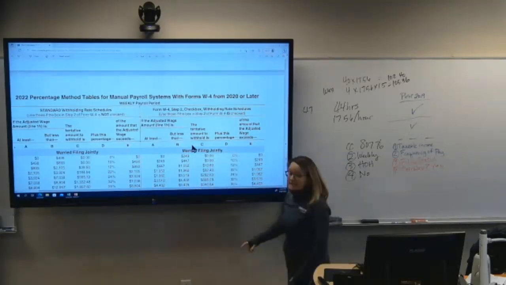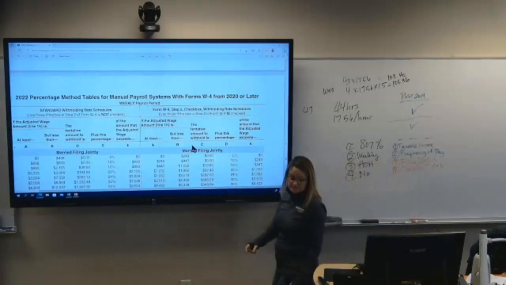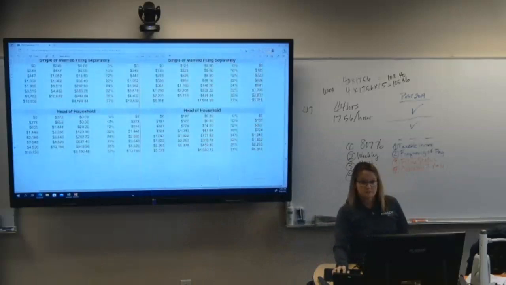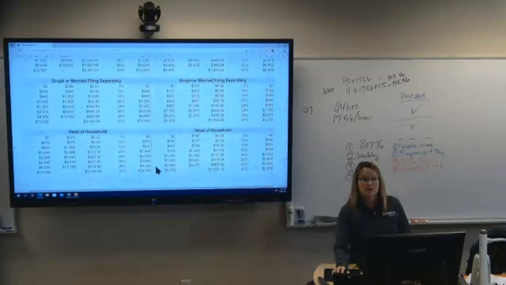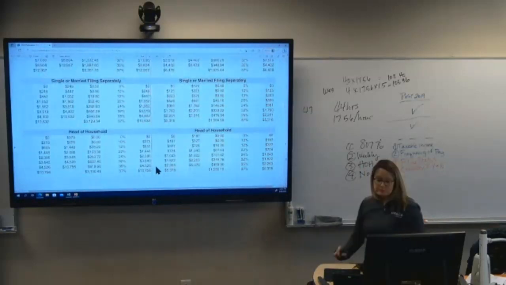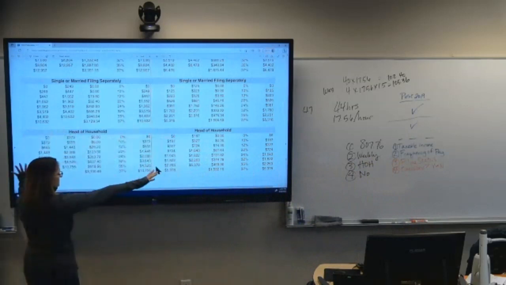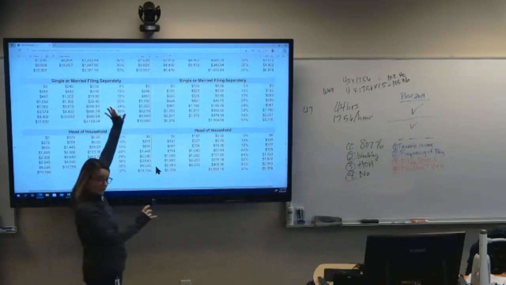Now, we also need filing status because each of these pages has the separate filing statuses listed. So we have head of household, which means we're going to be using one of these sets. We can ignore everything else.